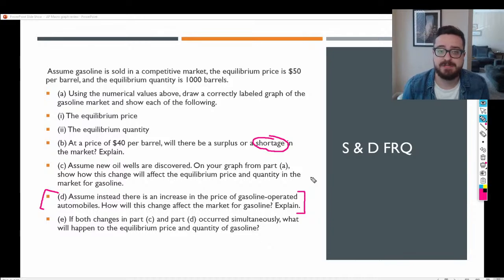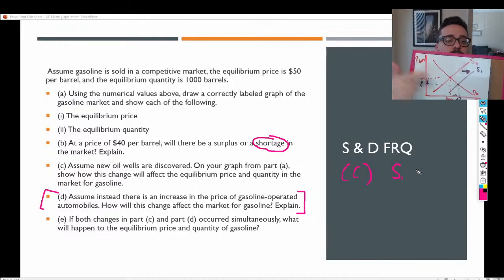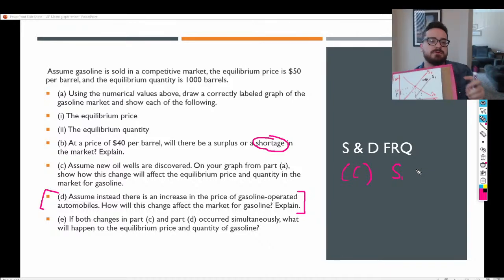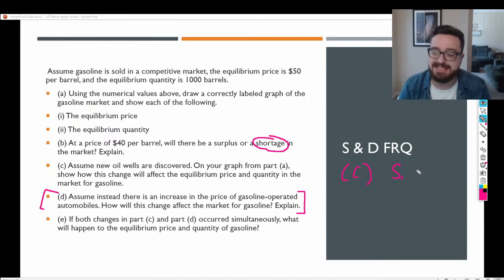Because D doesn't ask me to draw it. C is the only one here that asks me to draw. So what I would tell you is if you're going to draw it on your graph, you kind of can. Make sure that on your answer document where you write C, you write S1, where it's like, no, the S1 thing is my answer to C. My answer to D is that demand will decrease, and that's D1 on my graph.